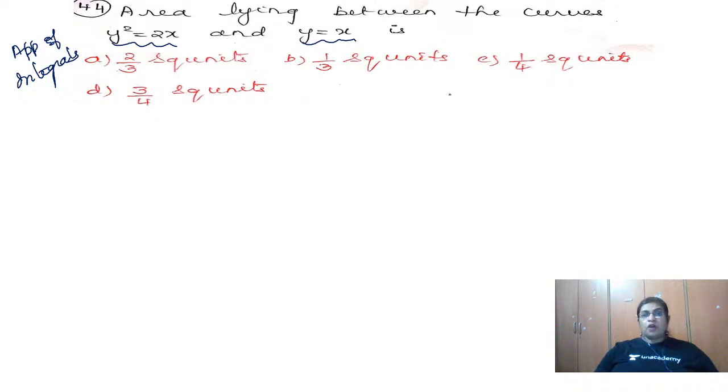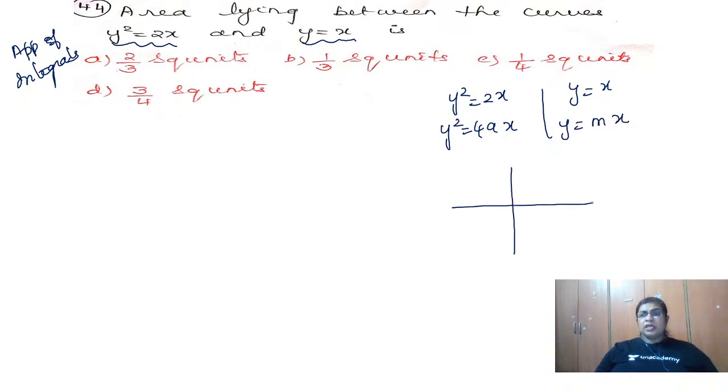Now, y square is equal to 2x is of the form of a parabola, y square is equal to 4ax, and y is equal to x is of the form of a line, y is equal to mx. The parabola is symmetric about the x-axis, and this is a line. You are required to find this area.